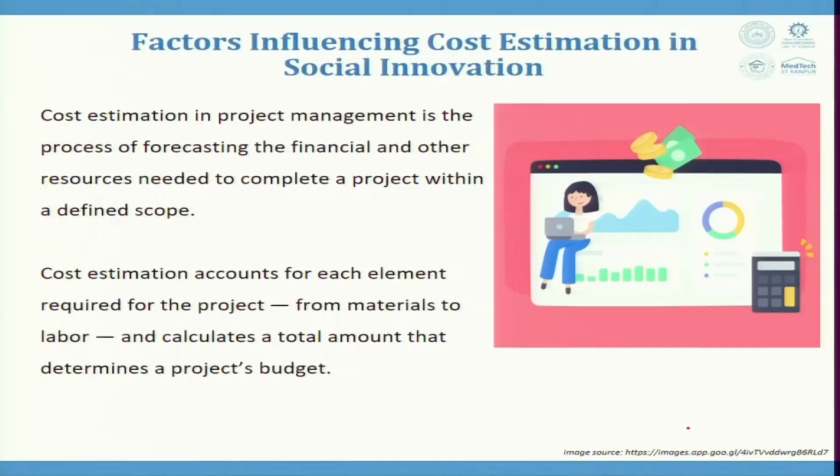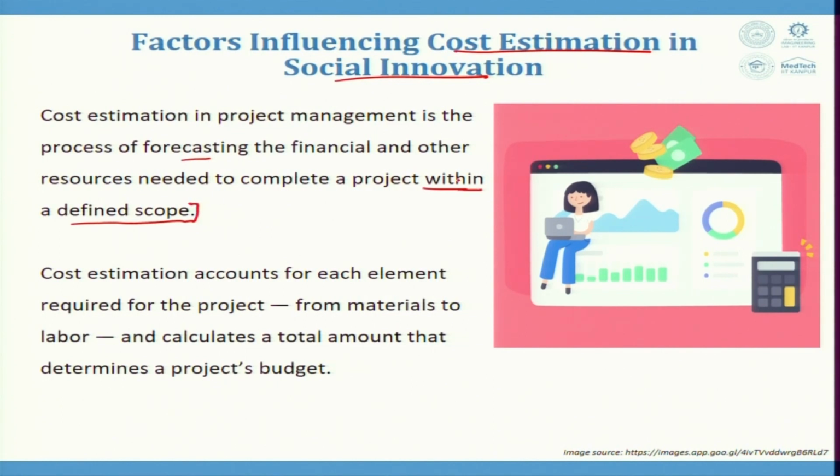Next, we need to discuss the factors that influence cost estimation in social innovation. Cost estimation in project management is the process of forecasting the financial and other resources needed to complete a project within a defined scope, which means the costing is within a scope.